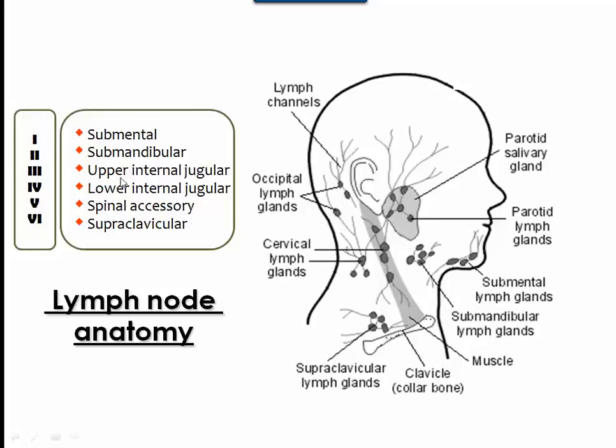Then we have the upper and lower deep cervical lymph nodes, or the internal jugular, which are located deep to the sternomastoid muscle. The landmark between upper and lower groups is the hyoid bone. Then we have the spinal accessory or the posterior group of neck lymph nodes, and finally we have the supraclavicular nodes.